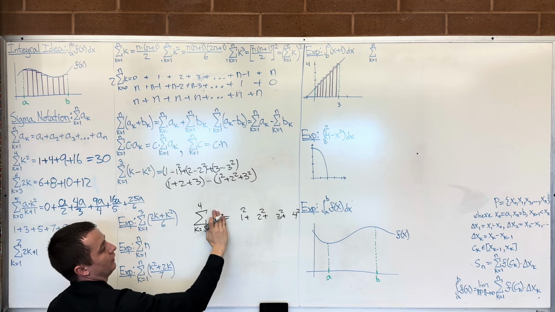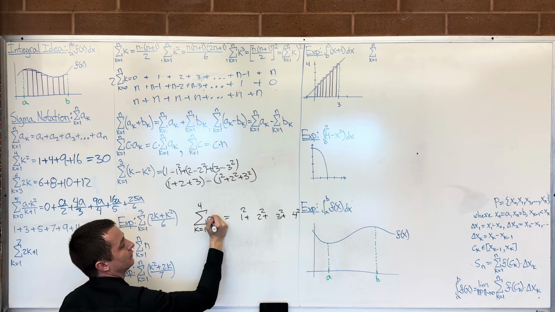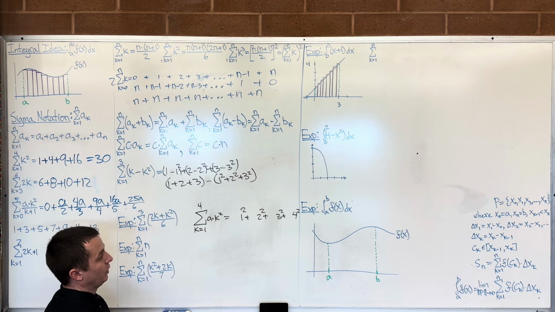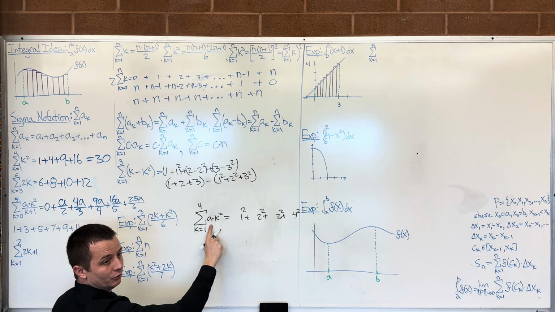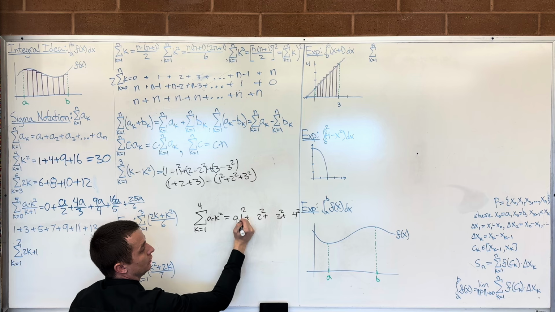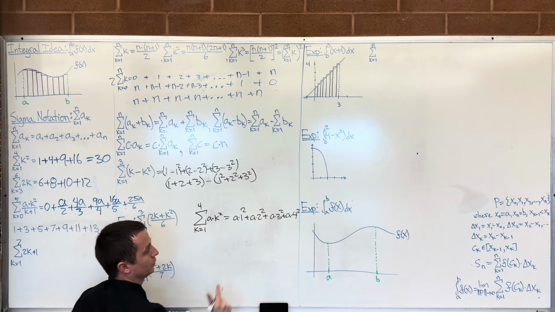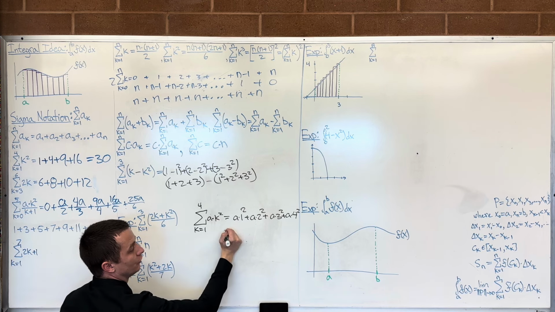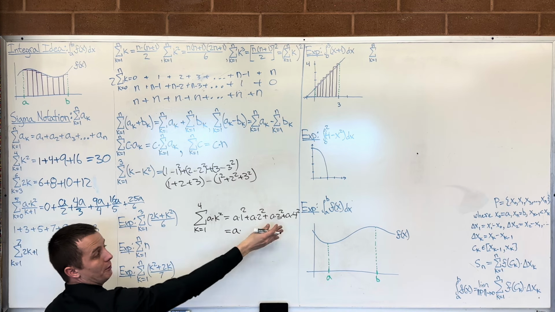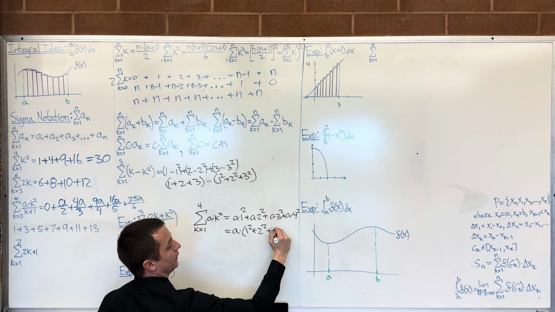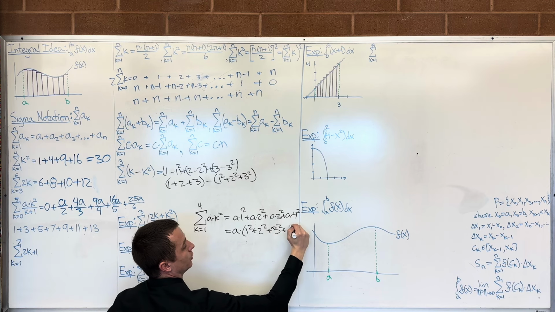Now imagine, rather than k squared here, I instead had some constant a times k squared. Okay. Then what happens? We would have an a multiplied to each of these terms. It would have been a times 1 squared, a times 2 squared, a times 3 squared, a times 4 squared. You see that? Yep. Now I can rewrite this as just factor all my a's out, and that would have been 1 squared plus 2 squared plus 3 squared plus 4 squared.